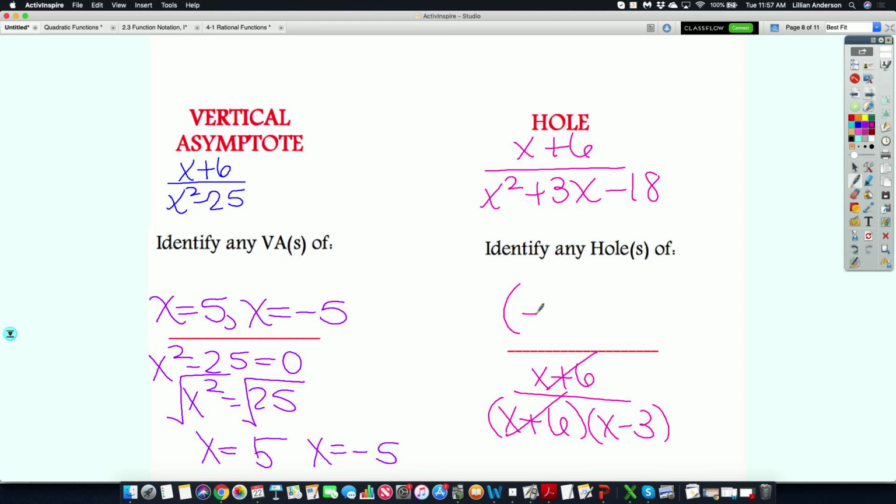So we know that the x coordinate is negative 6 because remember we set that factor equal to 0 and we solve it. So how do I find my y coordinate? And what is left from this? It is 1 over. It's always one over. We canceled that out, but there's still a 1 there. When I plug in negative 6 into what remains, that's going to give me 1 over negative 9 or negative 1/9. And yes, that's my hole. Very good.